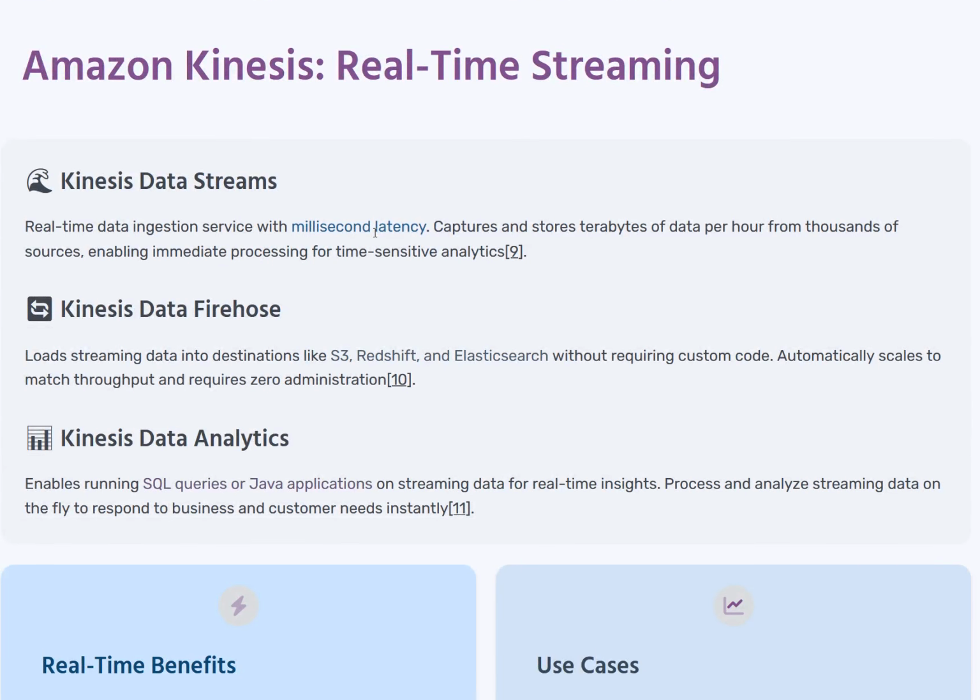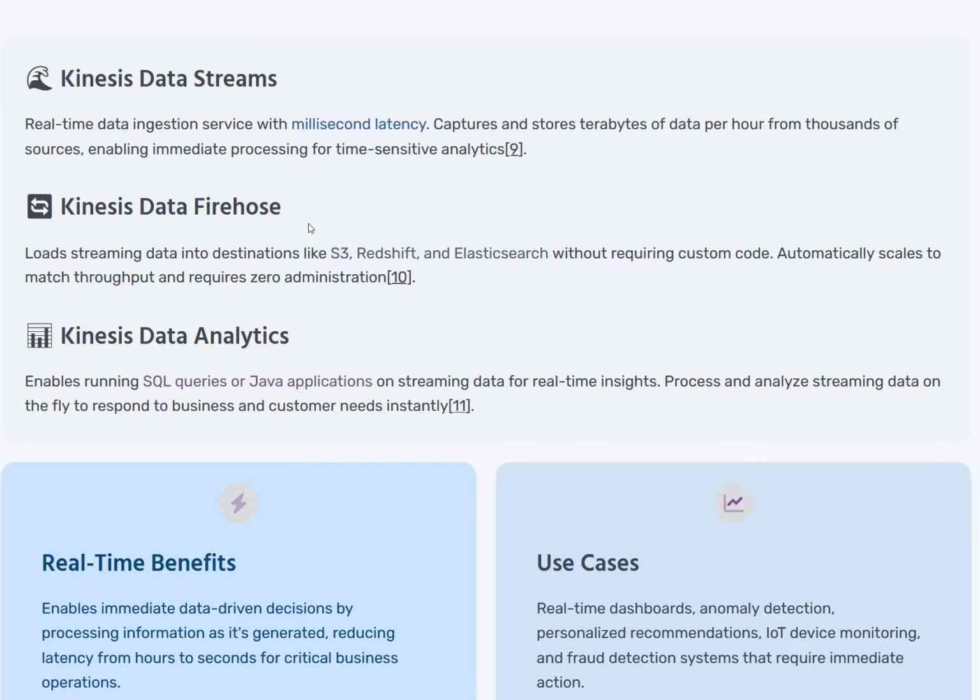Amazon Kinesis real-time streaming, right? We spoke about Kinesis Data Firehose, a real-time ingestion service, millisecond latency, capturing terabytes of data from thousands of sources, enabling immediate processing for time-sensitive analytics, right?